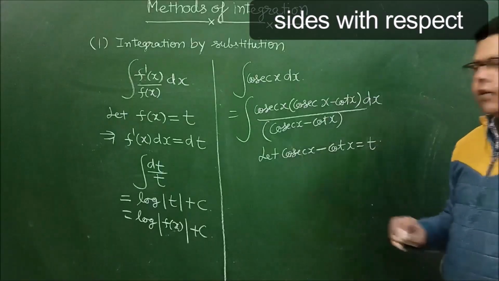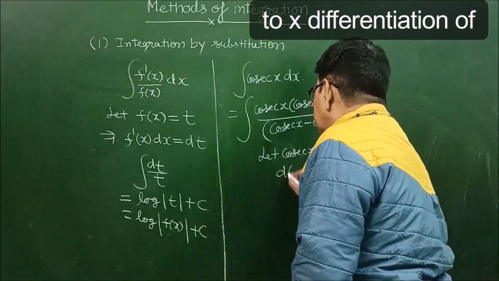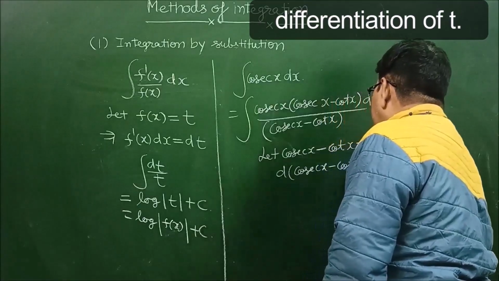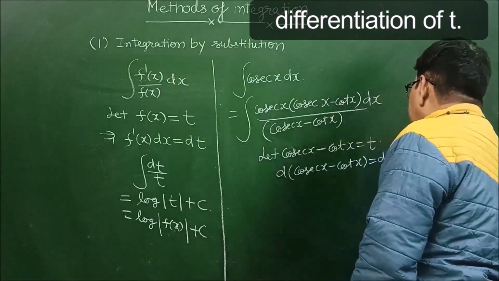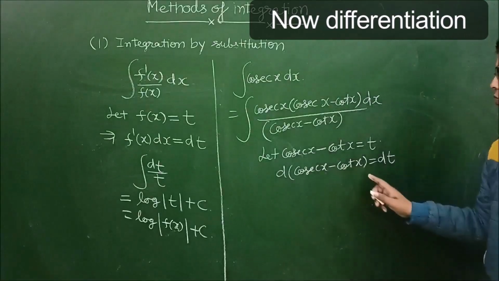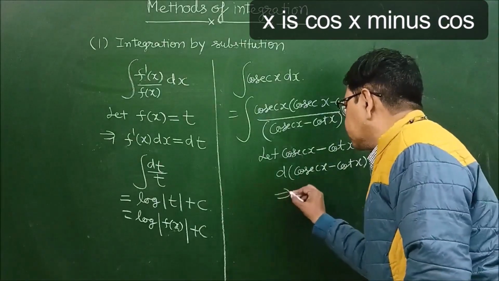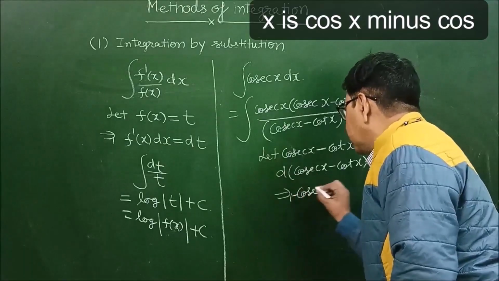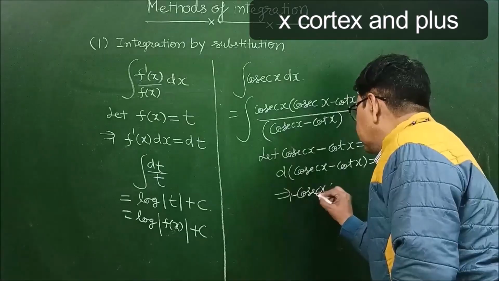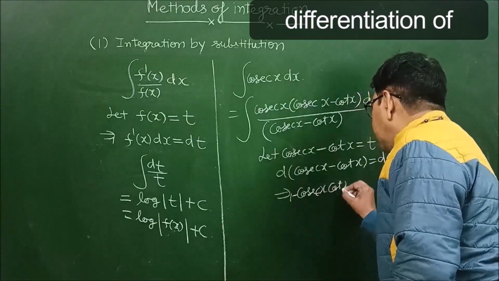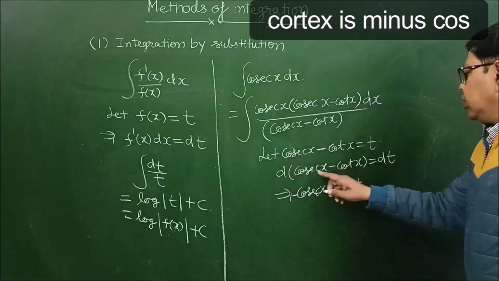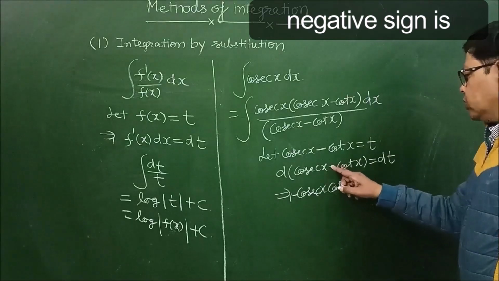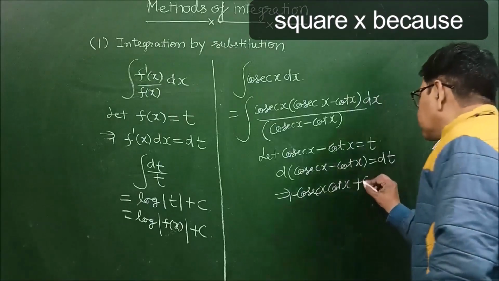Differentiating both sides with respect to x, the differentiation of cosec x minus cot x is cosec x minus cosec x cot x, and plus, because the differentiation of cot x is minus cosec square x and the negative sign is there, plus cosec square x.